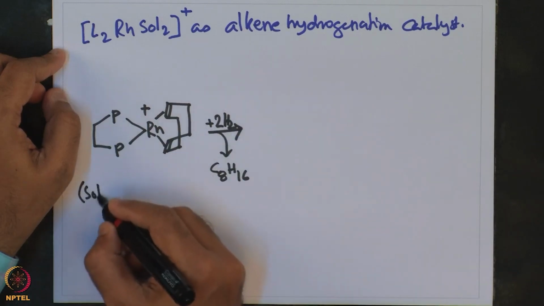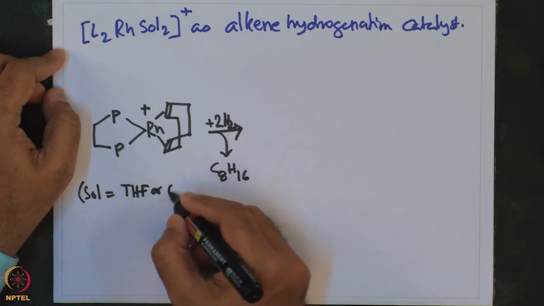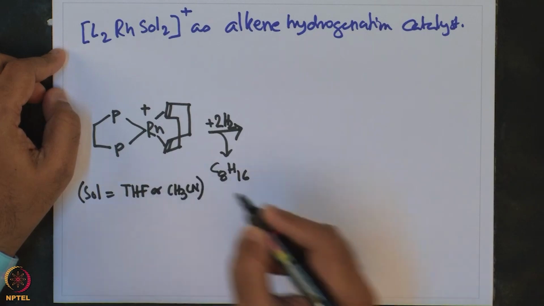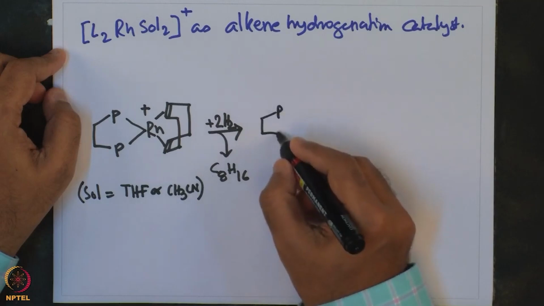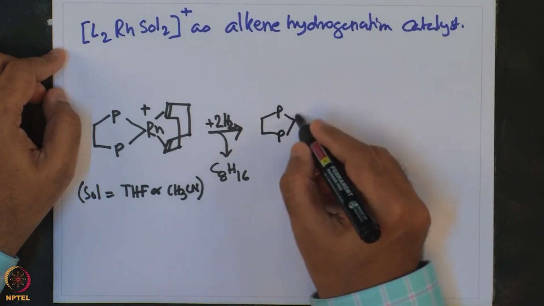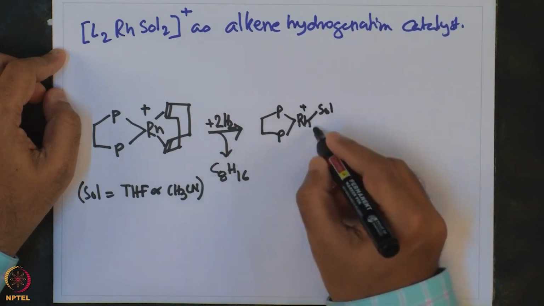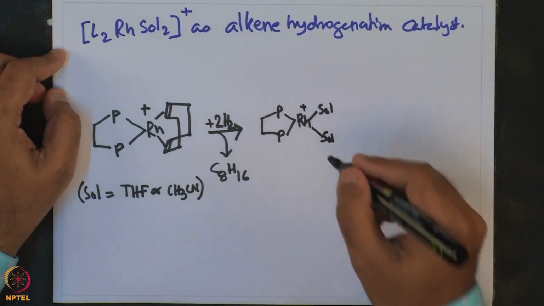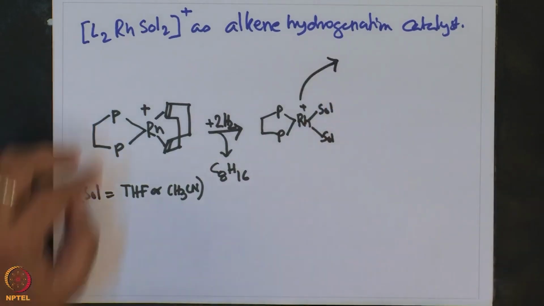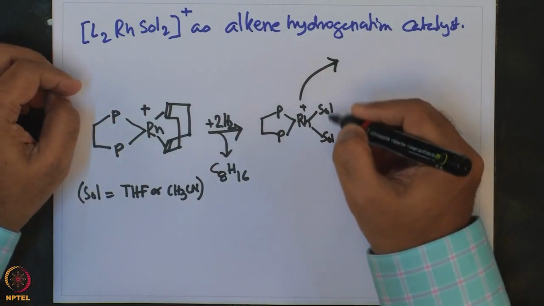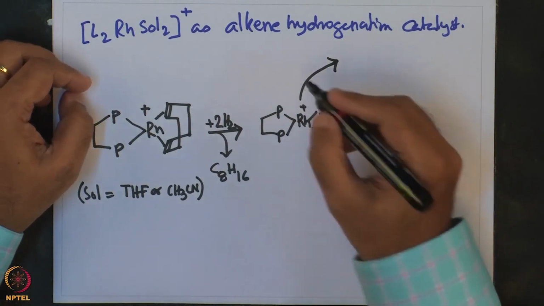Sol is some coordinating solvent like THF or CH3CN. This gives the chelating phosphine rhodium plus with solvent, the solvated chelating phosphine bound rhodium plus.